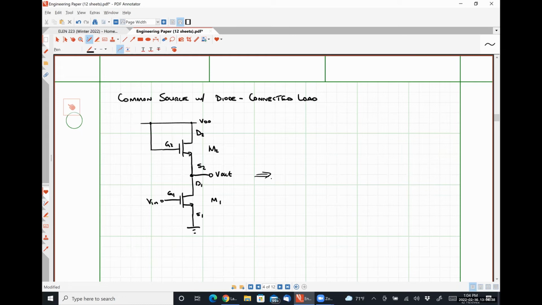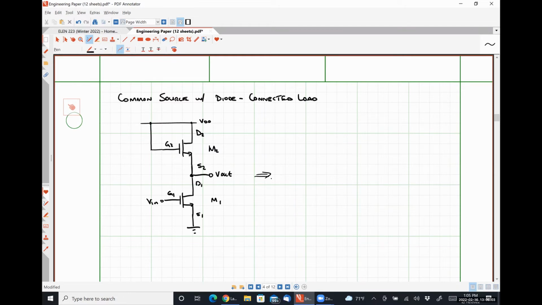So VDS is a non-zero quantity. Let's assume it's a non-zero quantity. Technically, if we tied V out somehow to VDD, that would be a zero quantity. So let's assume that that isn't happening. Okay. So VDS and VGS are the same thing.